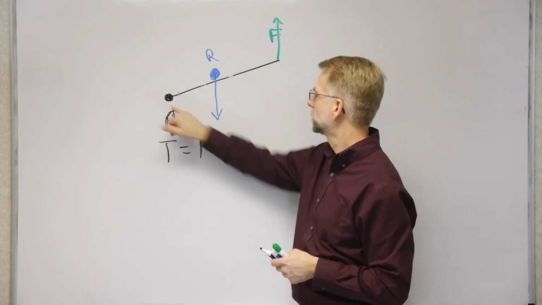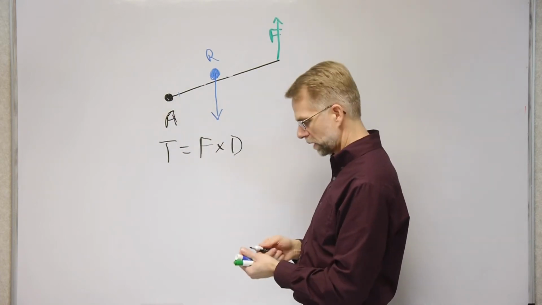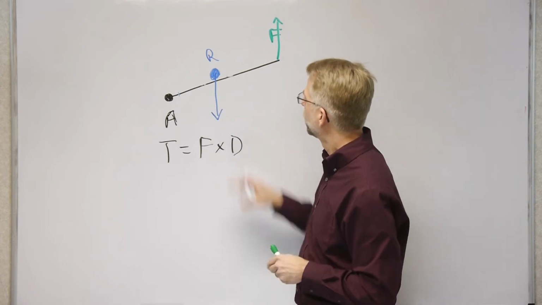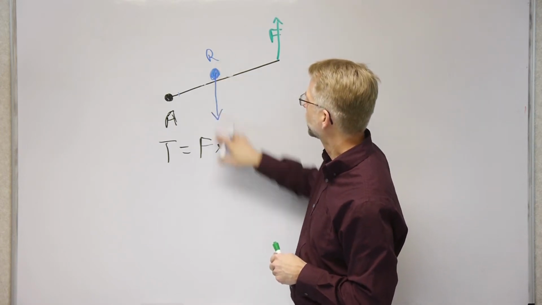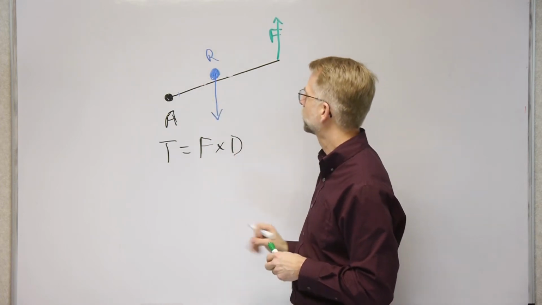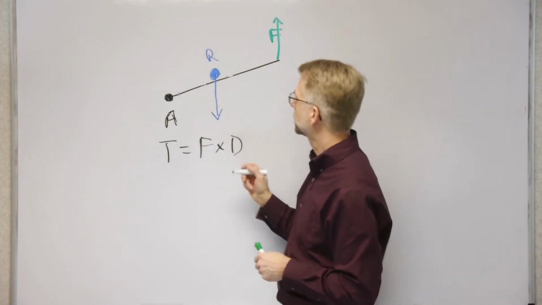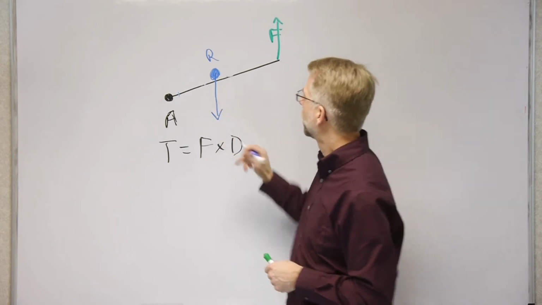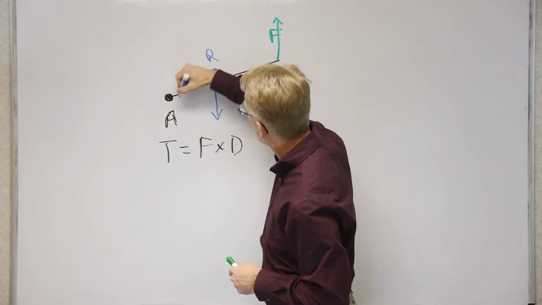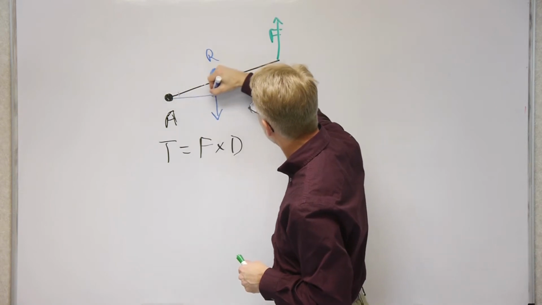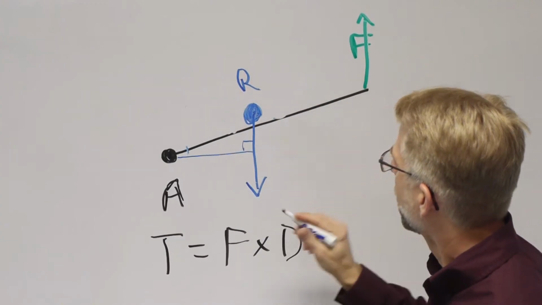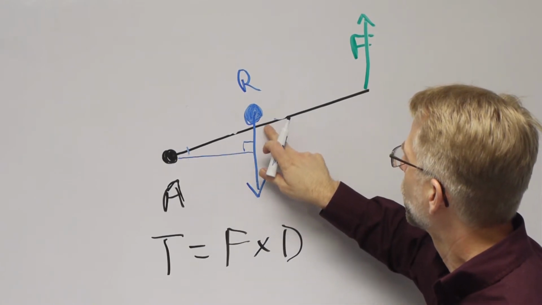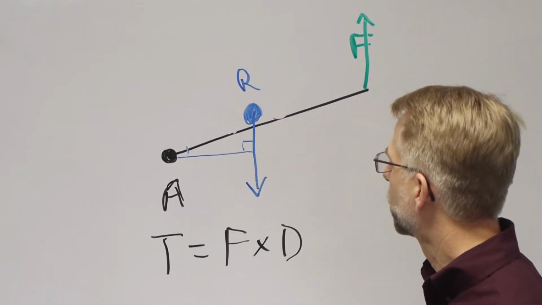And when we say the distance from the axis, what we really mean is the shortest possible line from the shaft of the vector, or the path of the vector, to the axis. That shortest possible line is always going to be perpendicular to the vector itself. So in this case, this would be the distance around which this resistance works.